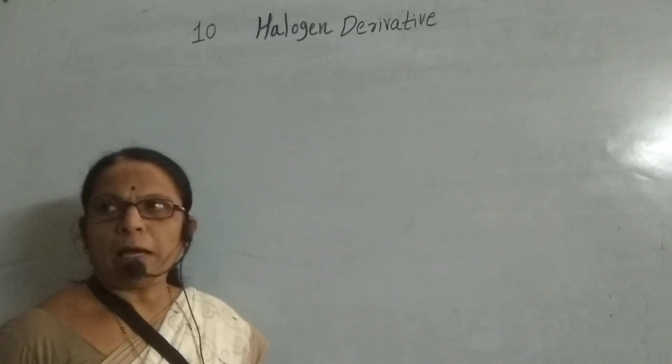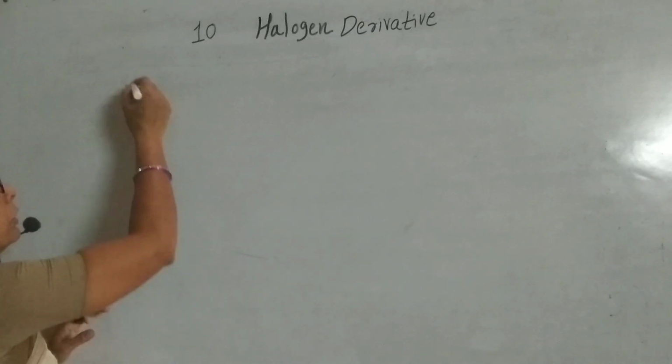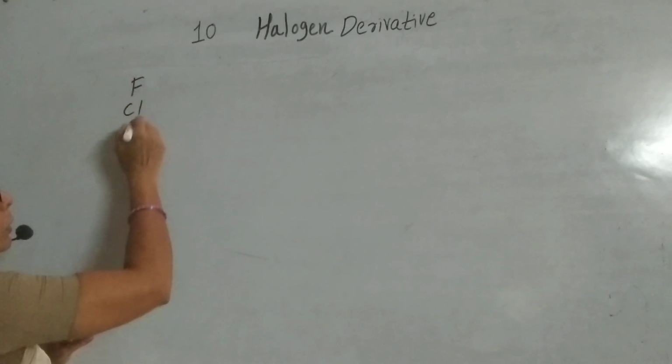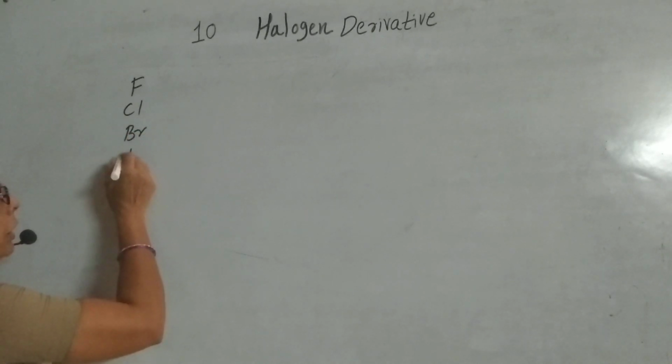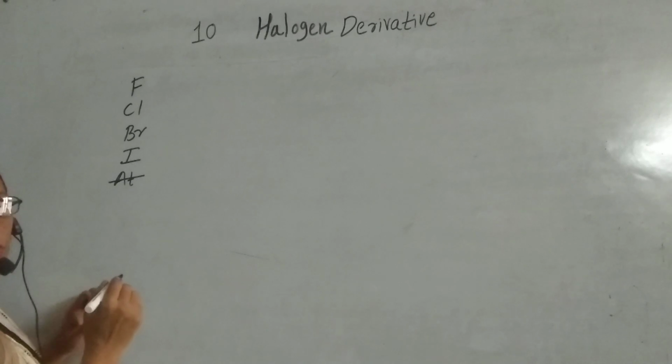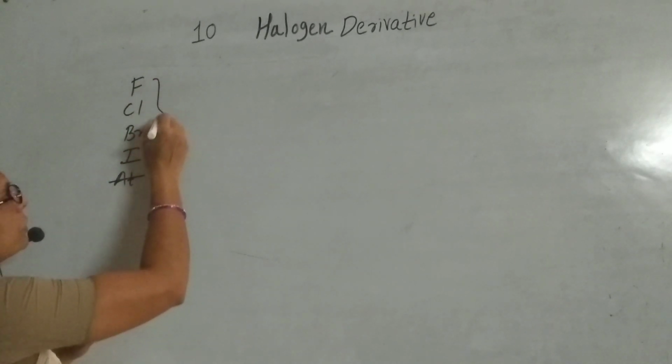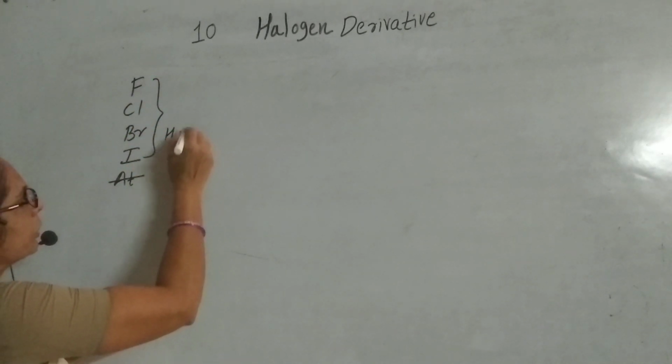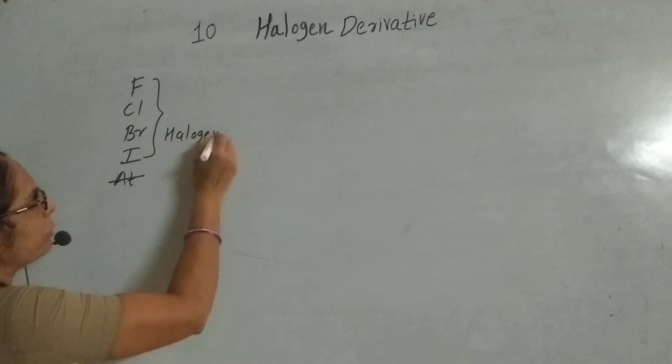When I say halogen, we know that fluorine, chlorine, bromine, iodine and astatine, out of which astatine is radioactive, so it is not used. So these four halogens we can use in organic chemistry.